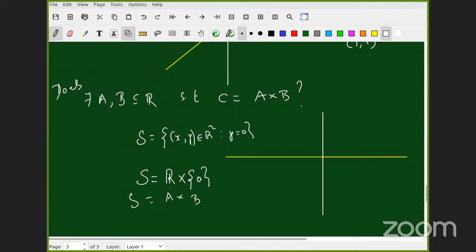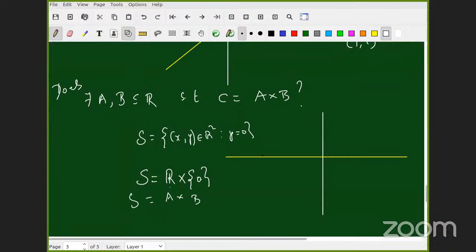Do you understand? Similarly, I have written the y-axis. And we did it for other sets, right? Rectangle, closed interval [A, B] cross closed interval. Those things we have done. Some subsets of this plane R2 I gave, you were able to write as A cross B. Now, I'm giving you some other set. The question is, can you find sets A, B, which are subsets of R, and C equal to A cross B? Is the question clear to you? Look at this.